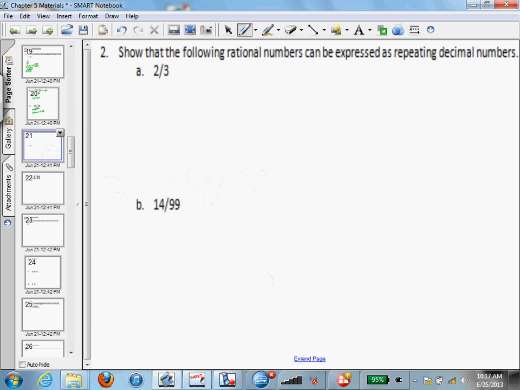For number 2, show that the following rational expressions can be expressed as repeating decimal numbers.